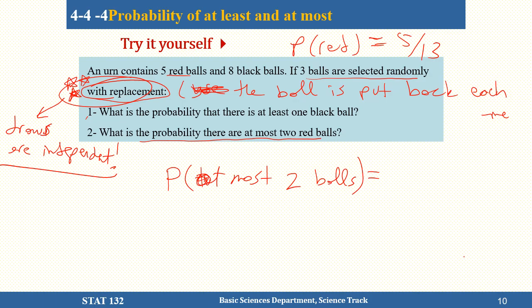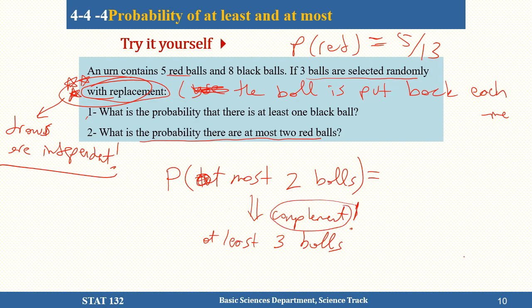Or if you think of its complement, its complement here is at least three balls. But in any case, we have to count all the probabilities here. Okay, this is good, because at least three balls are red.